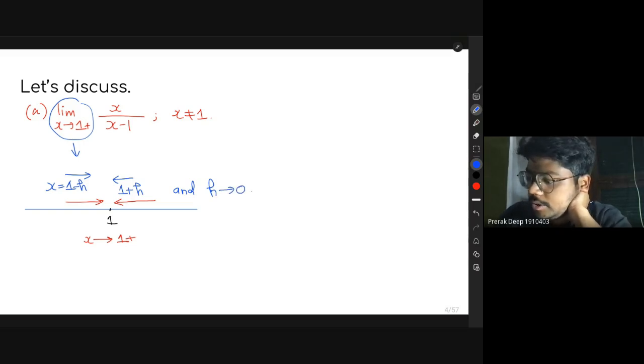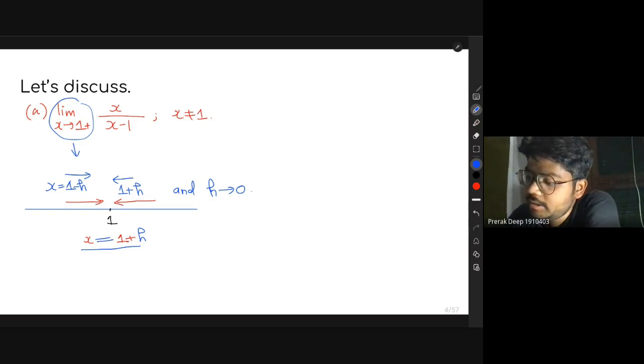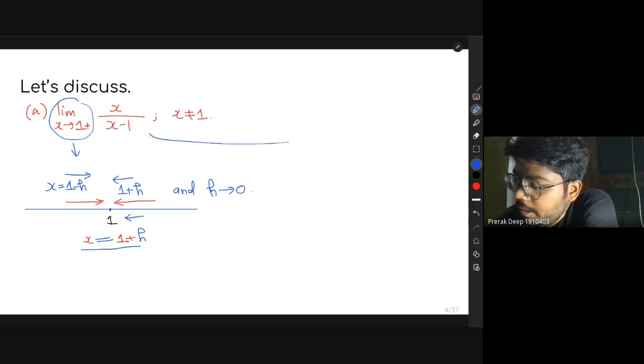Now when we say x is tending towards 1 plus, that means it is 1 plus something, which we call h. So x is taking the value x equal to 1 plus h, as x is approaching from the right hand side. So you can rewrite this whole limit in terms of x equal to 1 plus h, whenever you have the limit x tending to 1 plus.